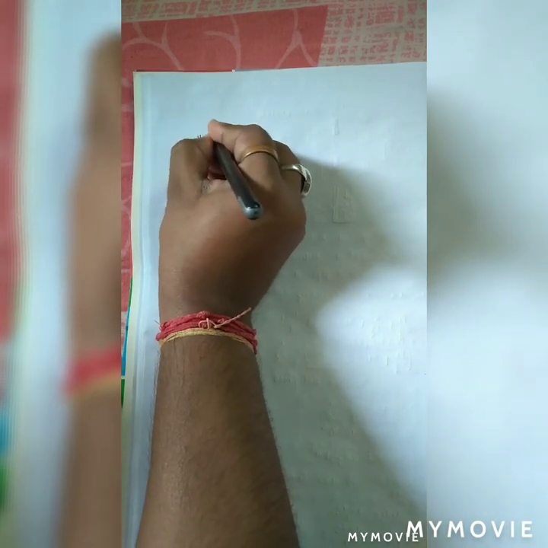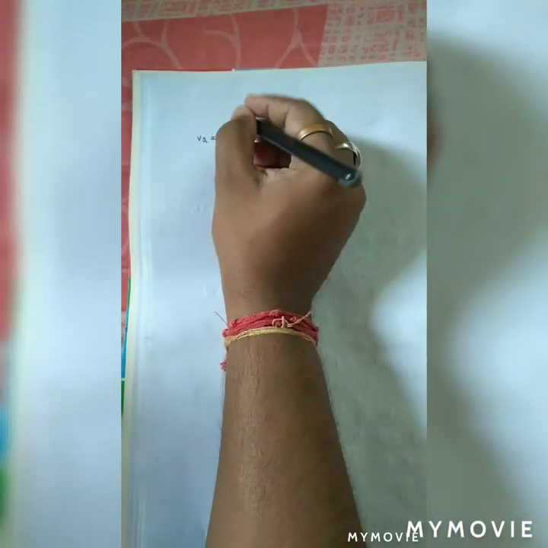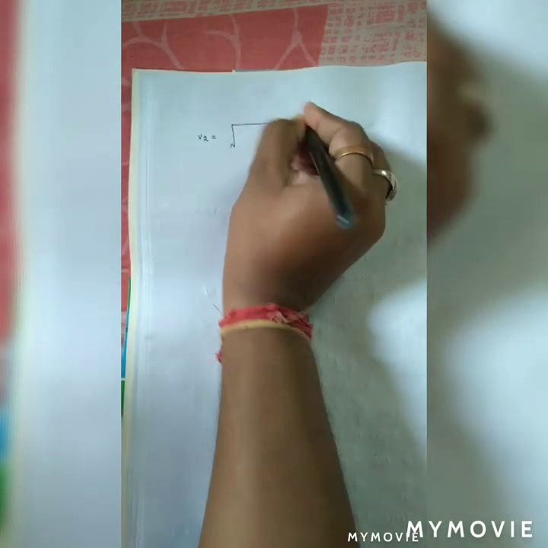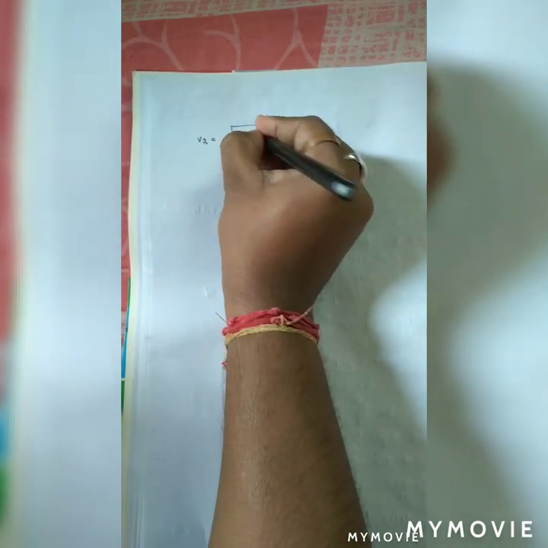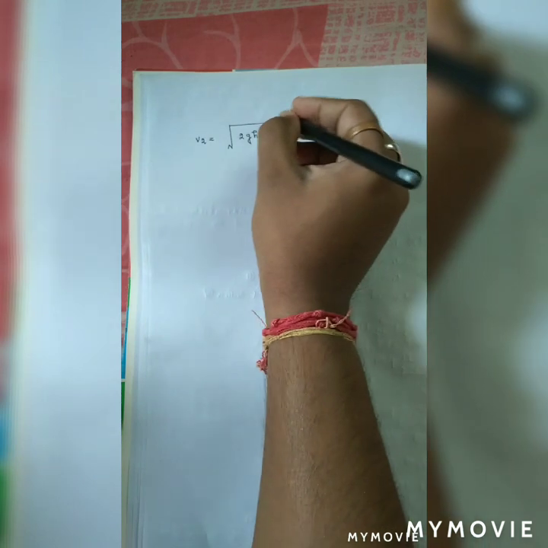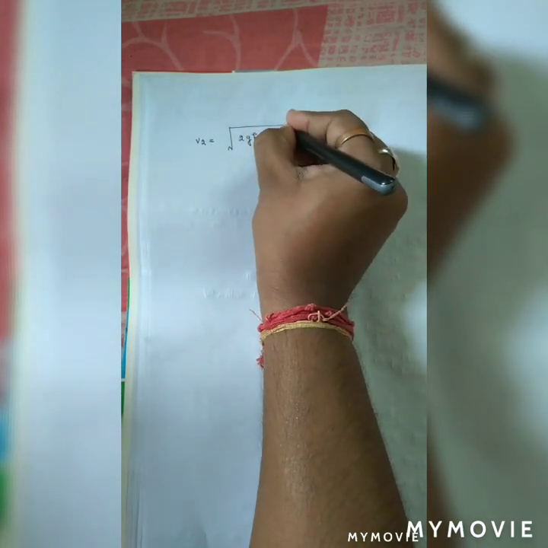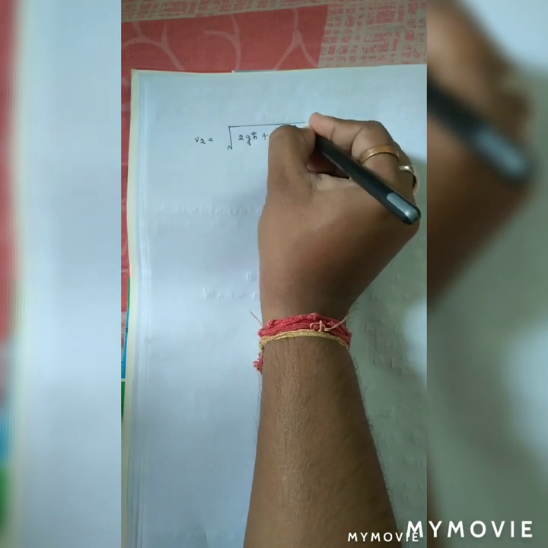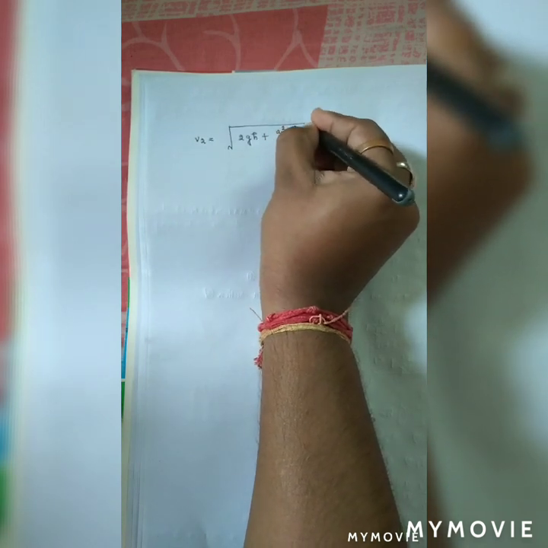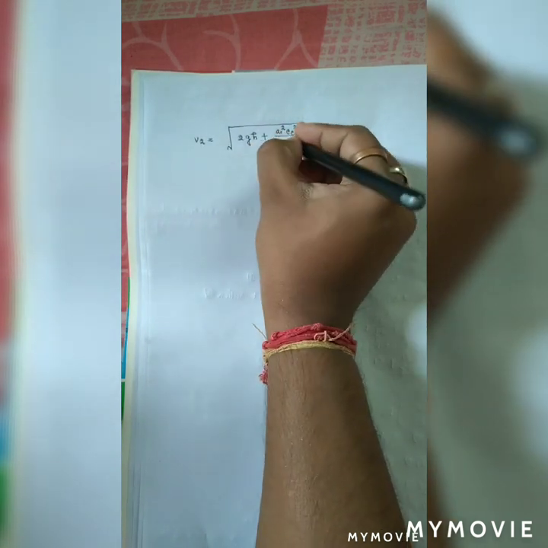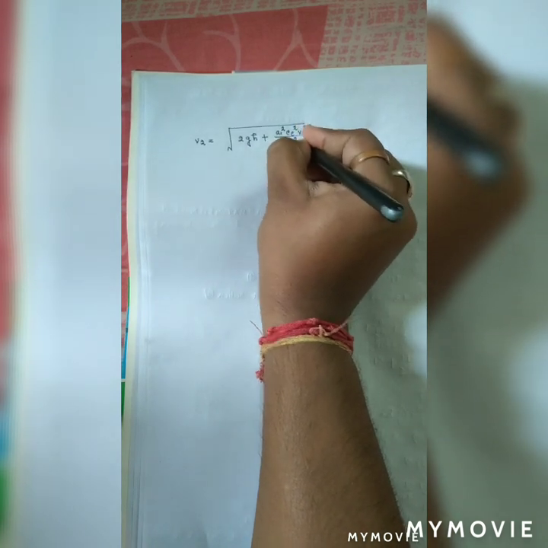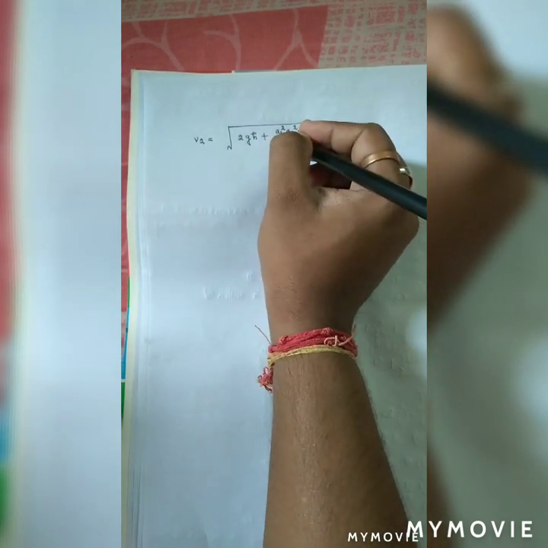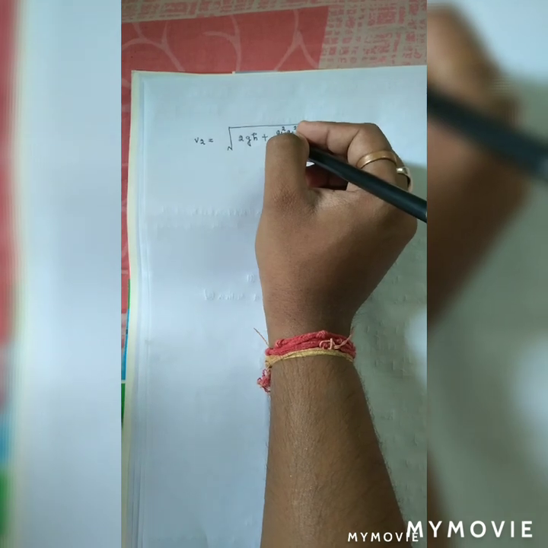I can get V2 equal to root over 2gh plus A0 square into Cc square into V2 square divided by A1 square.